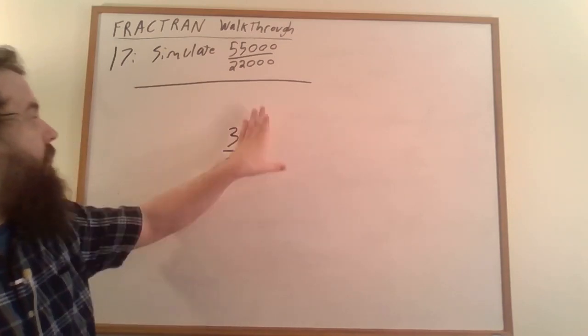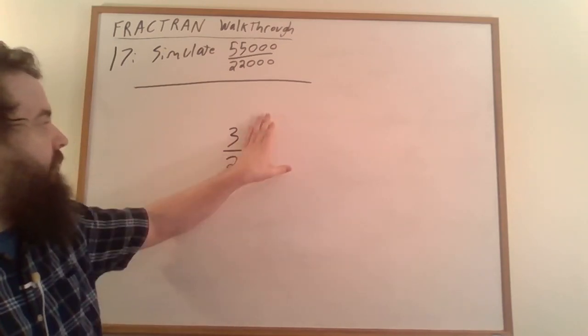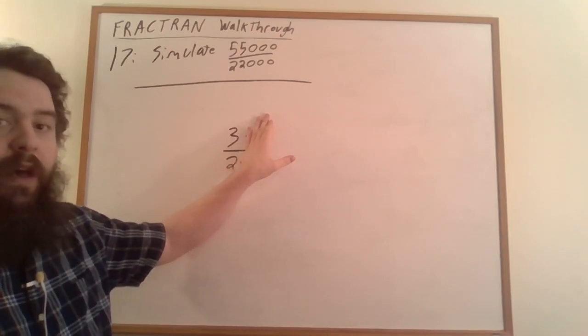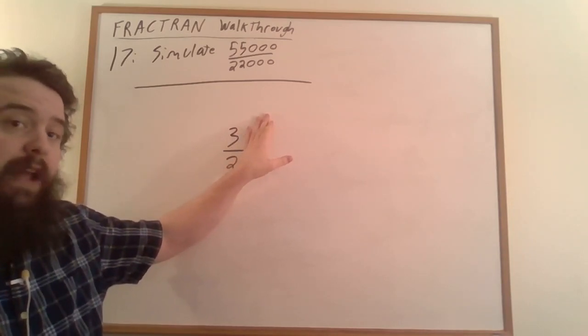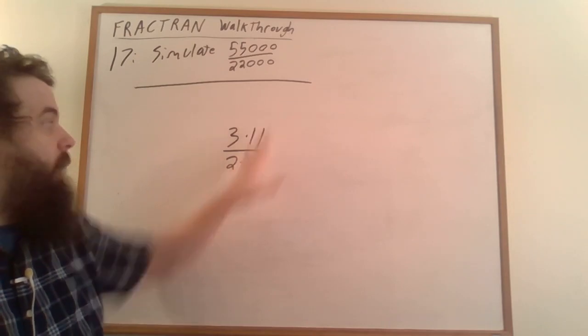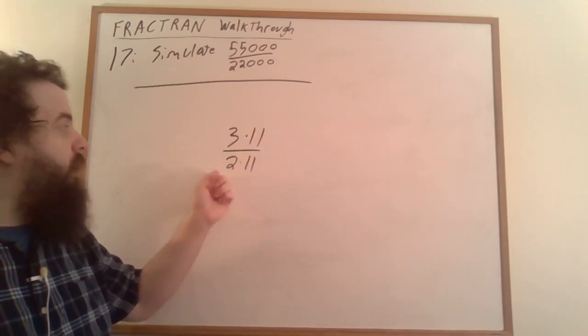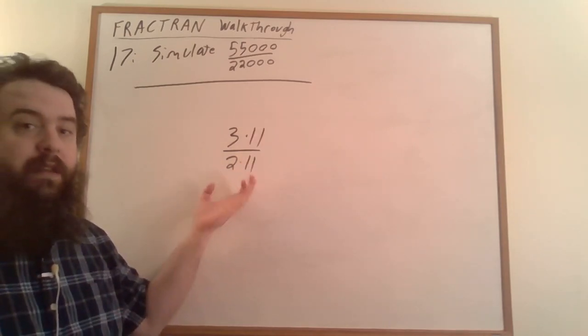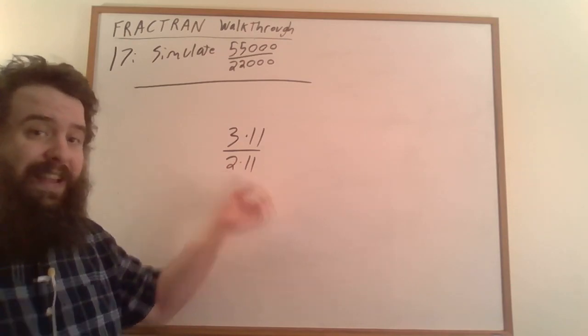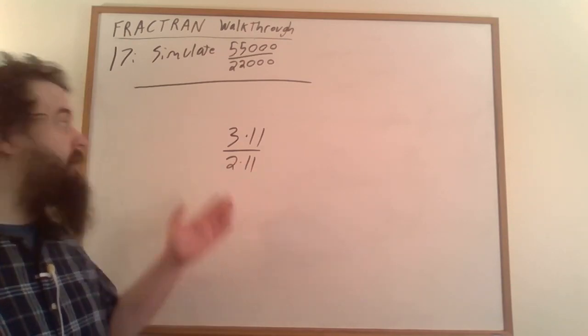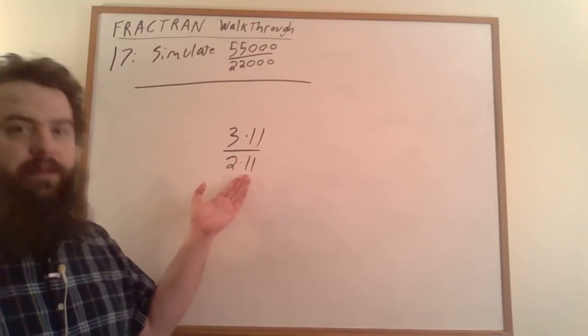This is different from the simplified version of this fraction, 3/2. 3/2 activates on any number that's divisible by 2. But what if we wanted a fraction that only activated when the number was divisible by 2 and 11? But again, we wanted our fraction to not actually get rid of that 11.